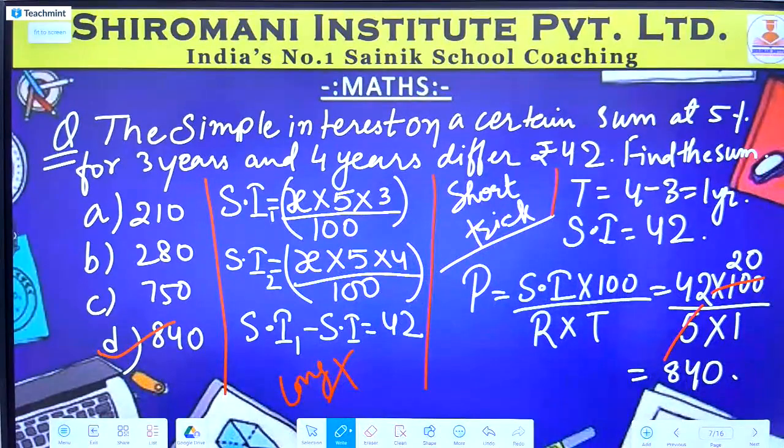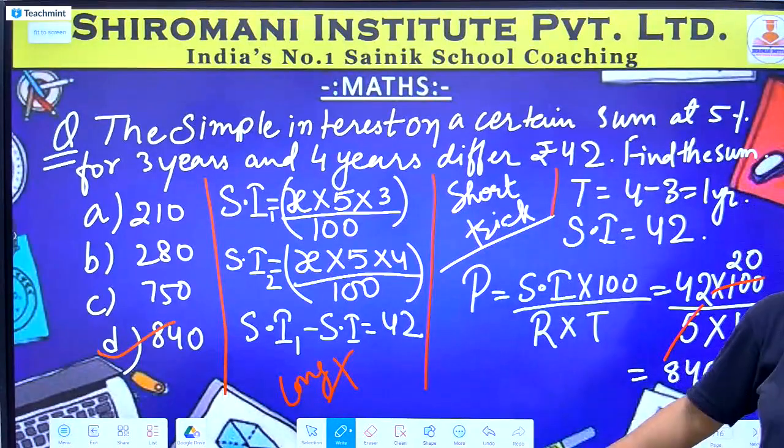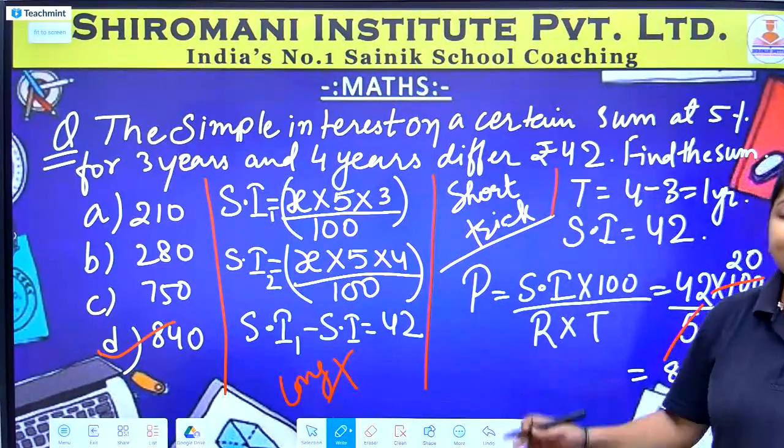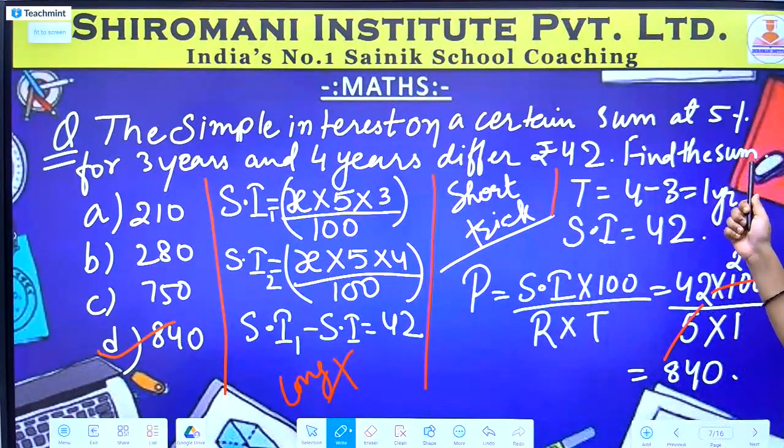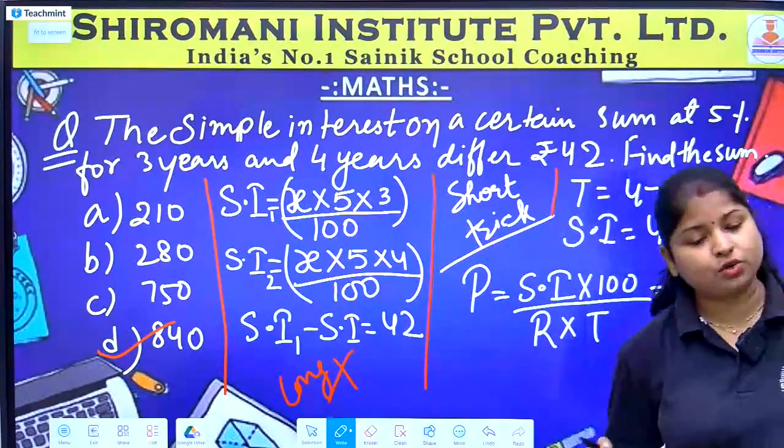Tell me, beta, any doubts? Anyone? Yes, Utkarsh. Ma'am, I didn't understand the question. Question is simple dear. Question says that you have to calculate the principal. Okay. Principal is not known to me.